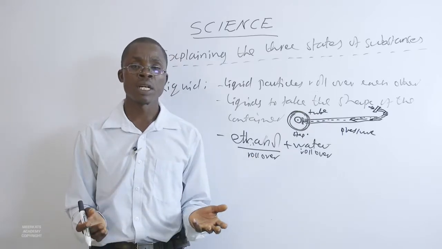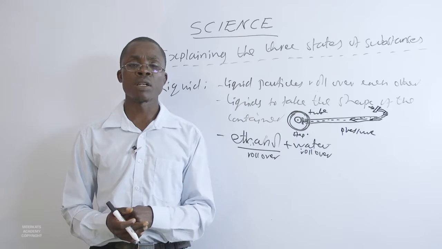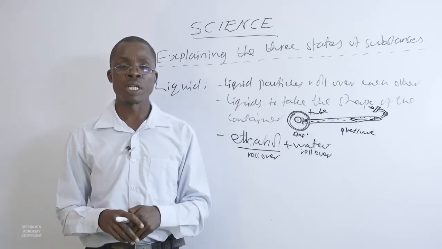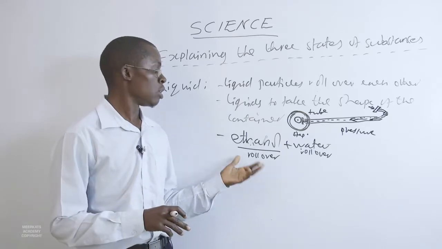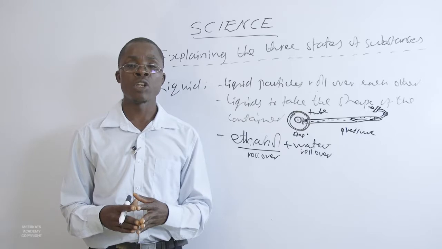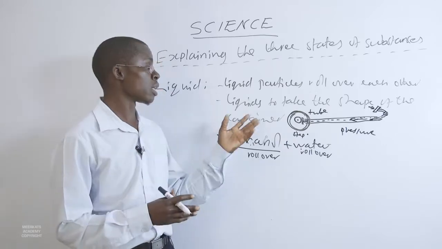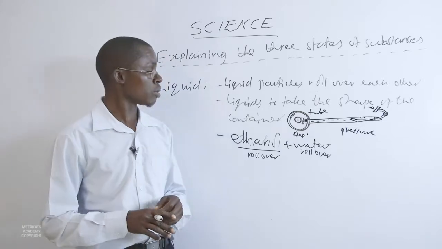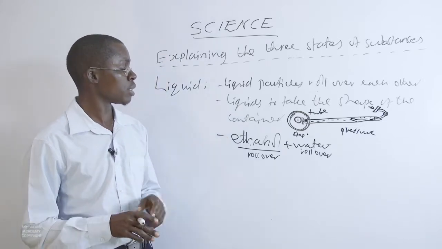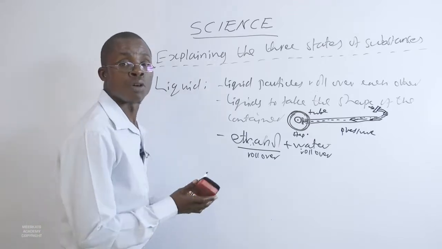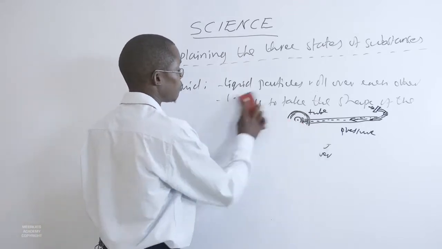If the container has a different shape, the liquid will obviously take the shape of the new container. So what I'm trying to say is you can always manipulate the shape of the liquid the way you want, not like the case of solids. So that's as much as we can talk about liquids. Let's look at gases, which is our main point of interest today.